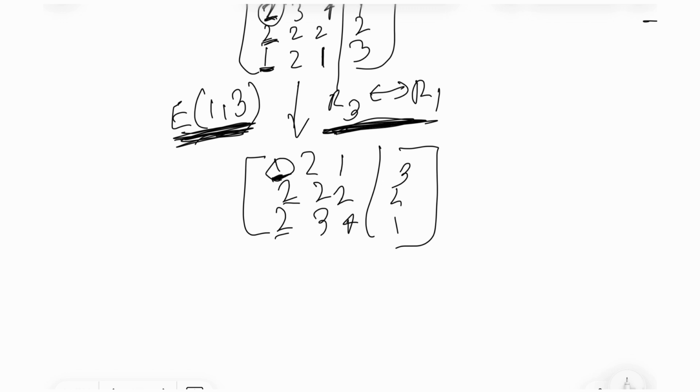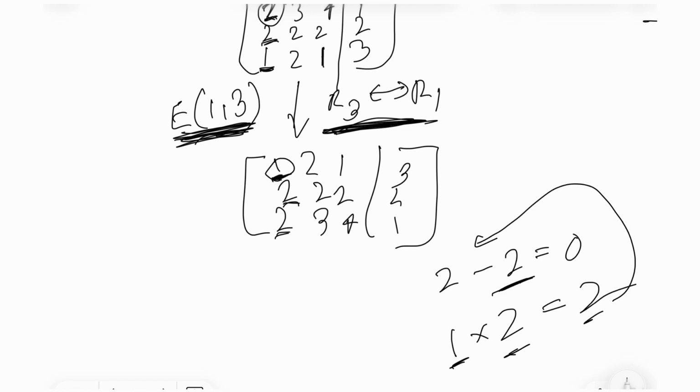So I'm going to use this 1 to remove these two. How? I want to make the 2 a 0. 2 minus 2 is 0. I have a 1, I need to get a 2. I need to multiply the 1 by 2 and then subtract it from that row.